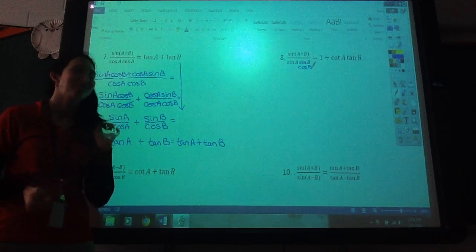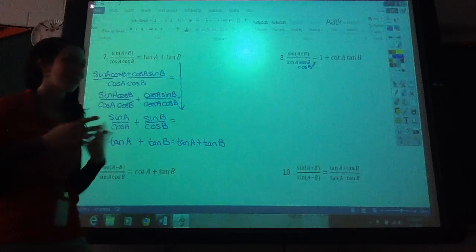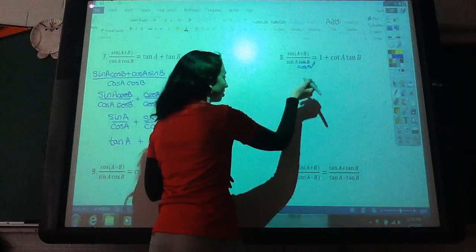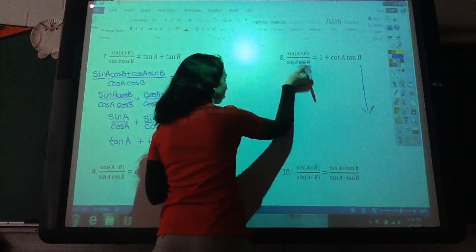Coming back to number 8 with the corrected version, now that we've just completely redone it. Still, same thing, leave the right side alone, split the top up.